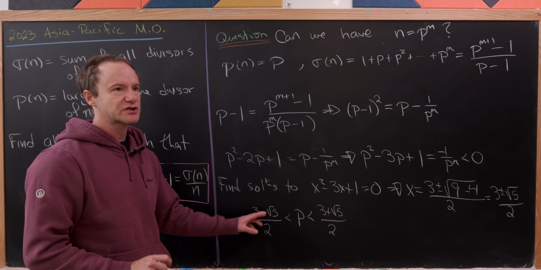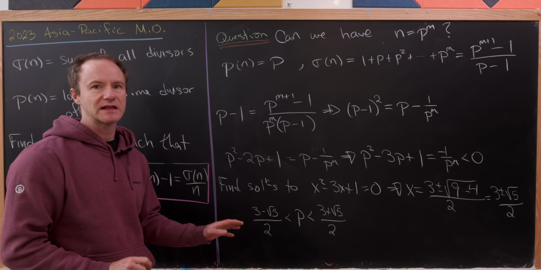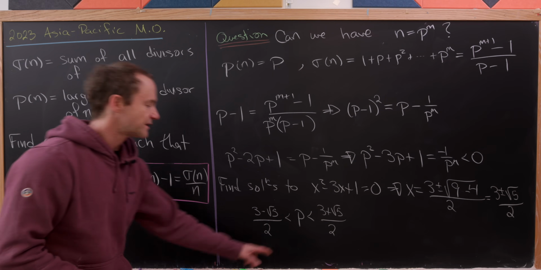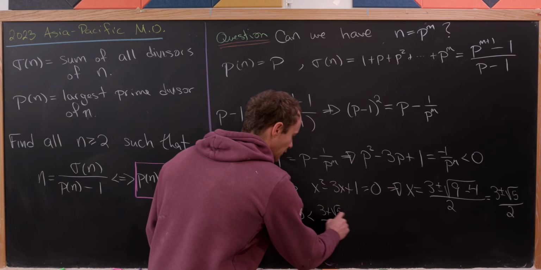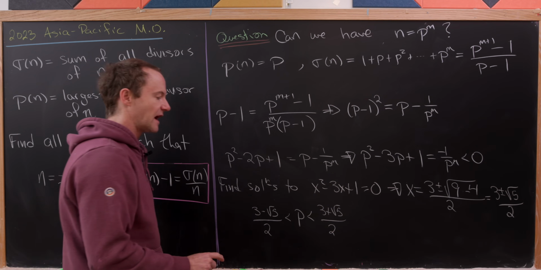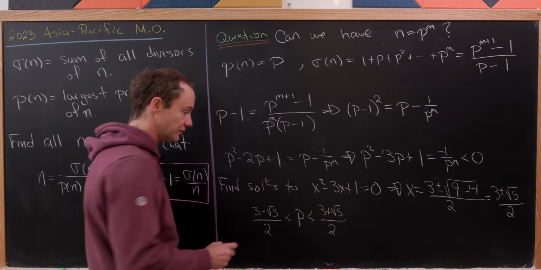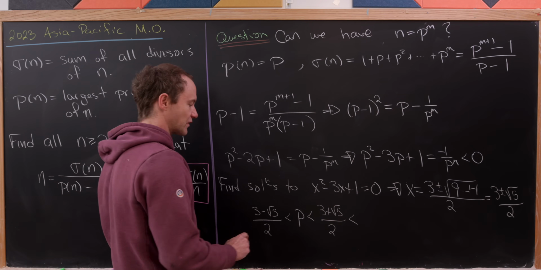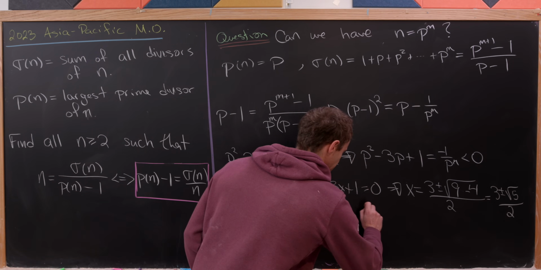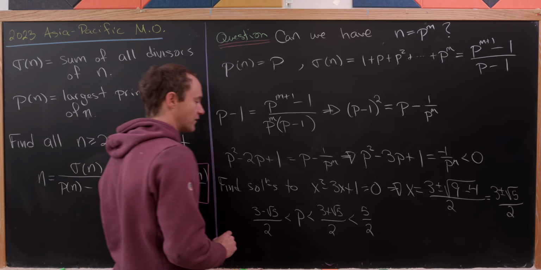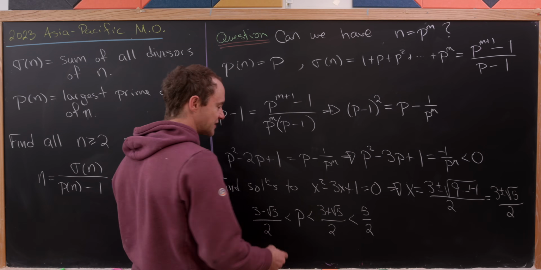So let's see, the square root of 5 is going to be a little bit less than 3. So that means over here on this side of the inequality, we can replace the square root of 5 with the square root of 9, or 3, and push the inequality in the same direction. So that's going to give us 3 plus 2 over 2. In other words, it's going to be 5 over 2. But let's see, that's like 2.5.